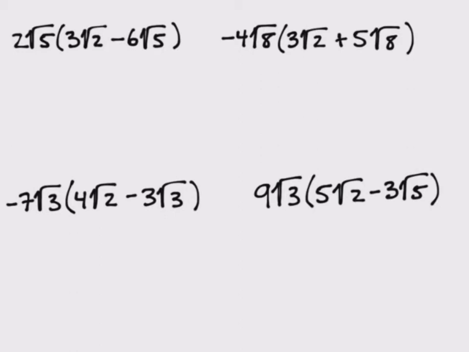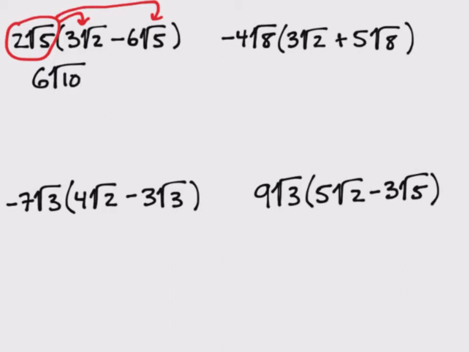So for instance, in our first example, all we're going to do is multiply 2 times the square root of 5 by both 3 times the square root of 2 and by negative 6 times the square root of 5. All right, again, we're going to handle the integers with the integers and the radicals with the radicals. So for our first set of multiplication, 2 times 3 is 6. The square root of 5 times the square root of 2 is the square root of 10.